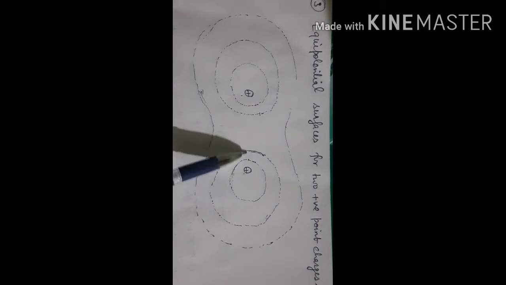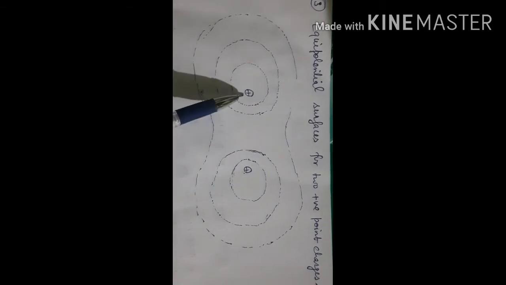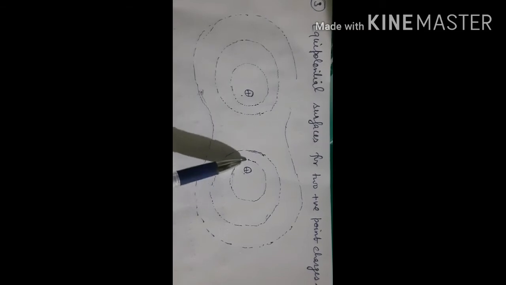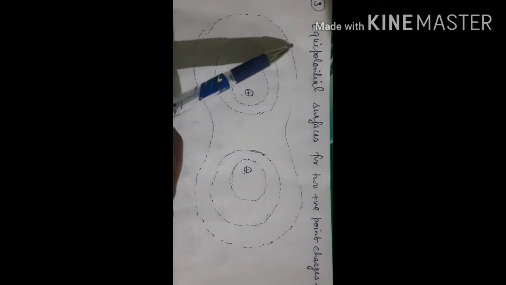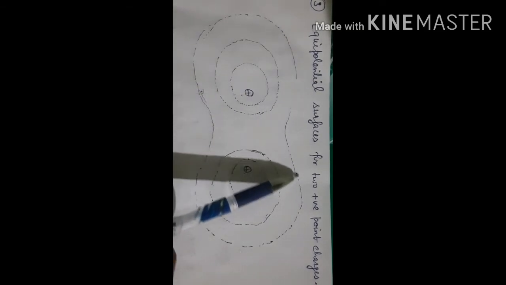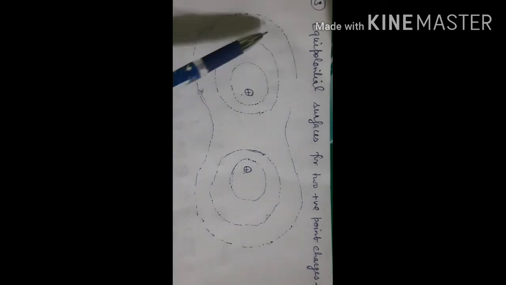Similarly, for this one also, because of the presence of this charge, it becomes nearer to this one and gets broader at the far end. One more equipotential surface exists, which joins both the charges. So this is also an equipotential surface. So these are the equipotential surfaces for two positive point charges.